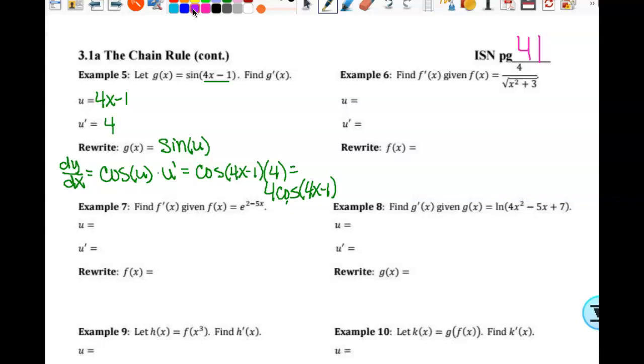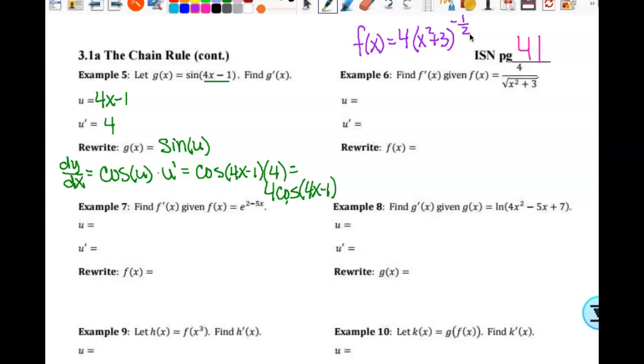I'm just going to rewrite it up here so I have more room. f of x is equal to 4 times x squared plus 3 to what power? Negative 1/2. Great.